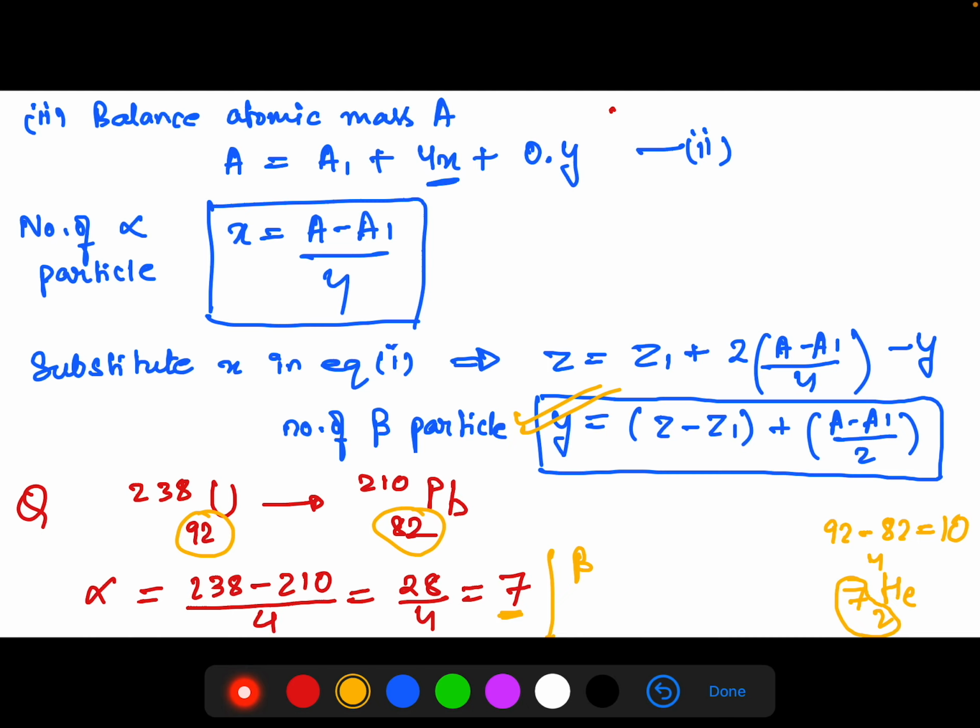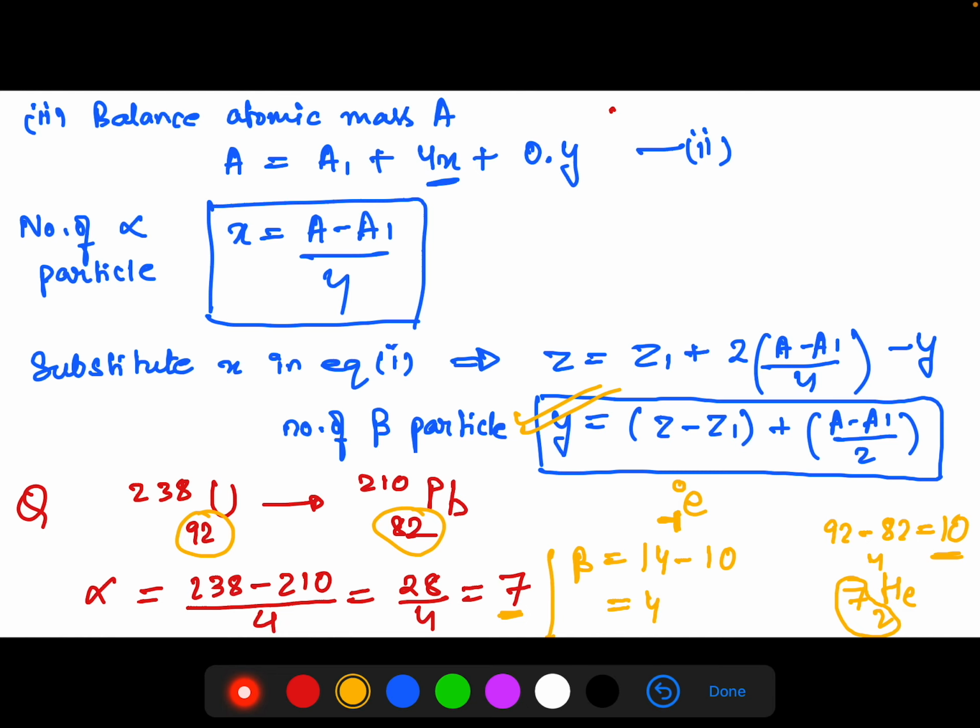So there should be a difference of 14, but actually we are getting a difference of 10. So the number of beta particles becomes 14 minus 10, which is 4. And why is this so? Because the beta particle is an electron with a charge of -1.